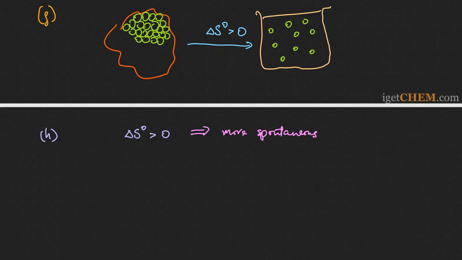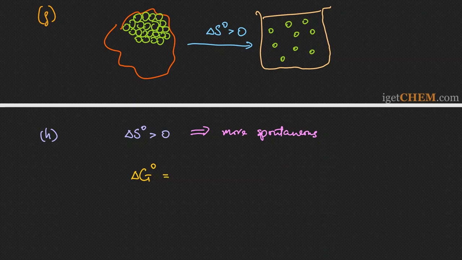If you want to write this down in the form of an equation, then the delta G is the thermodynamic quantity that controls the spontaneity of a reaction. If the reaction is spontaneous, then delta G must be negative.